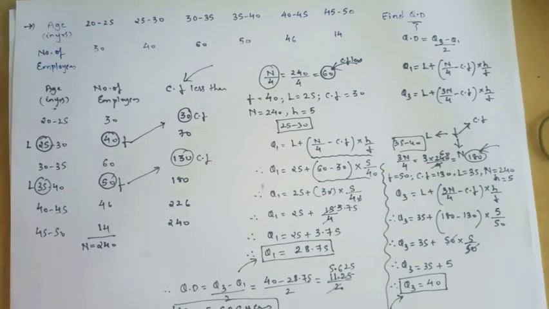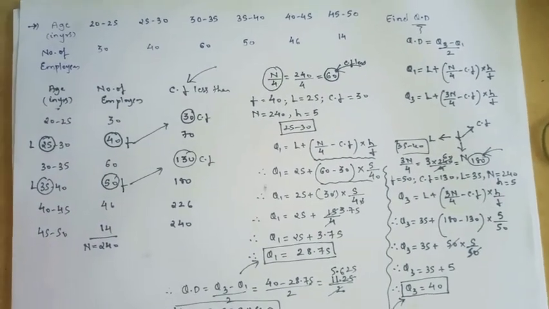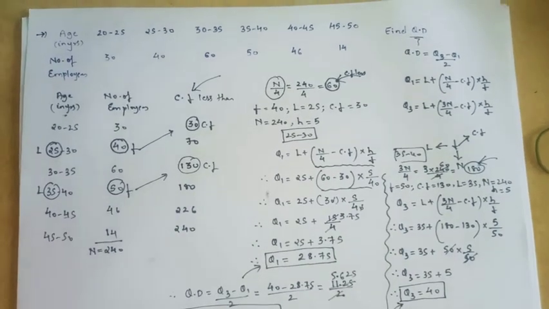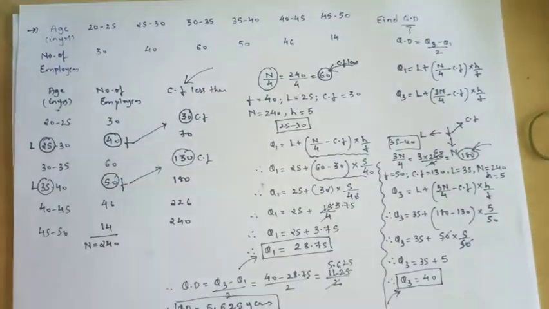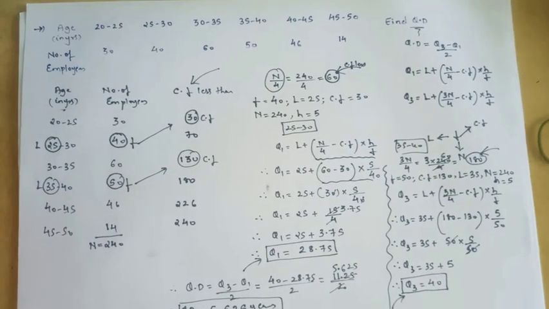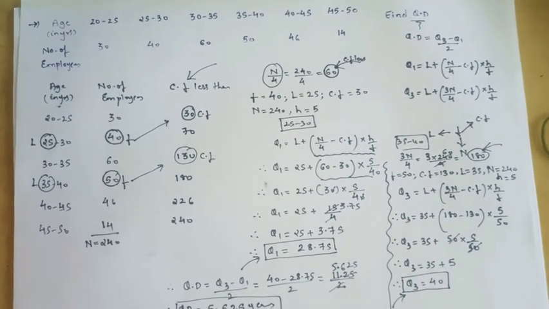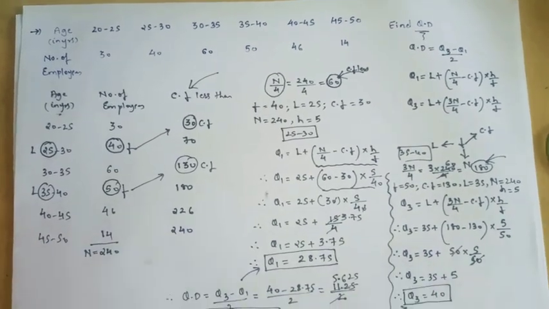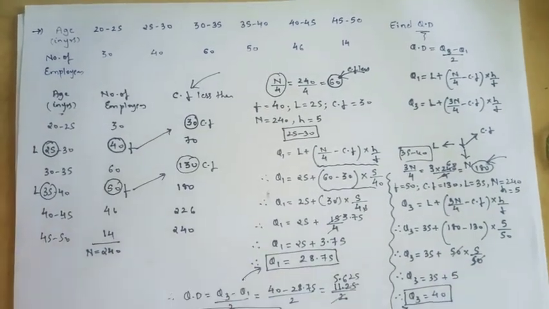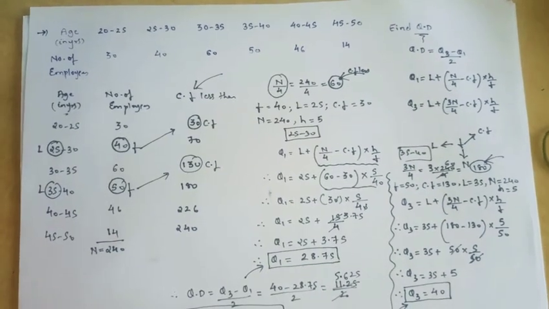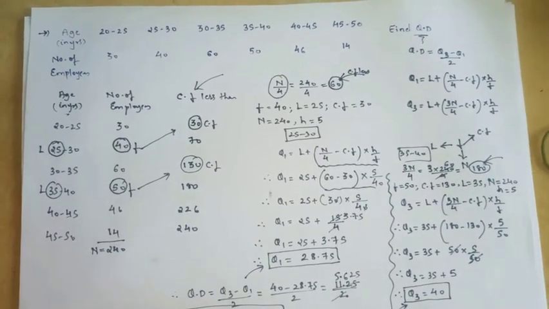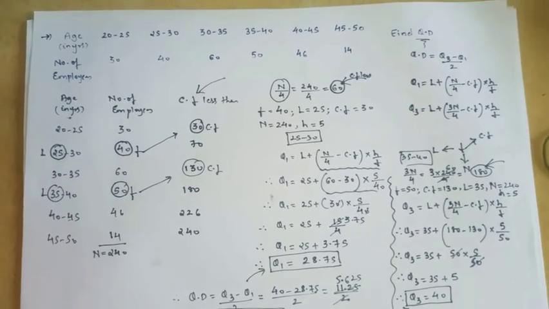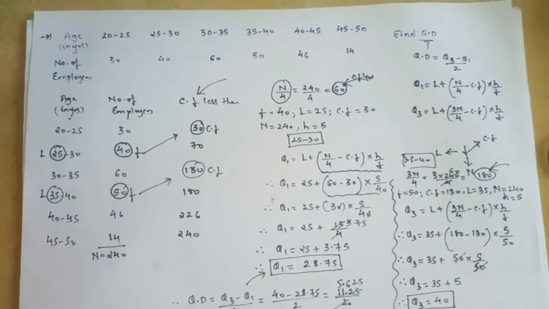Okay, so this was type number 3. Now we have completed type number 1, type number 2, and type number 3 also just now, and even the sums based on how to find the range we saw in the last video lecture. The first exercise contains type number 1, type number 2, type number 3, in which you have to find QD, that is quartile deviation, and there are 2-3 sums based on the range.